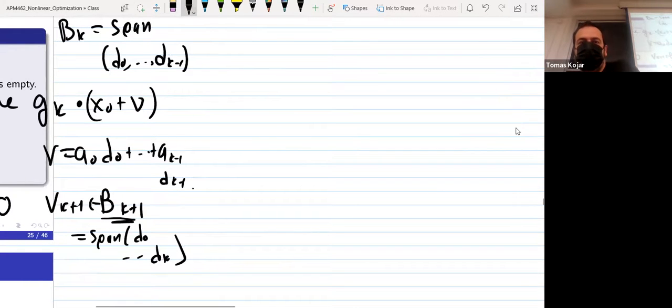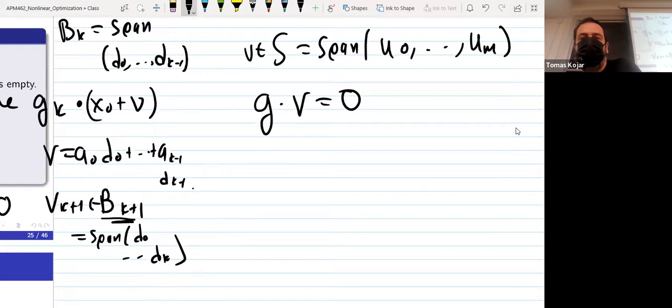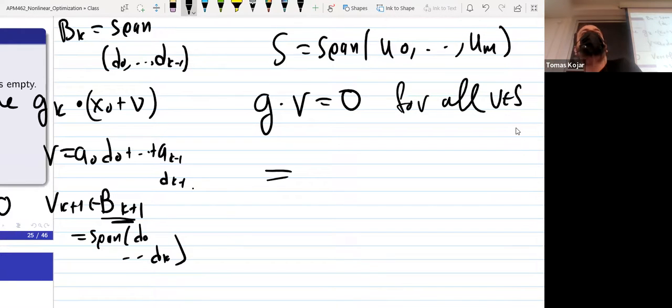So take a vector space spanned by U0 to U_m, I don't care. And suppose you want to show that g with a generic element in here is 0. What's an easy way to show this?